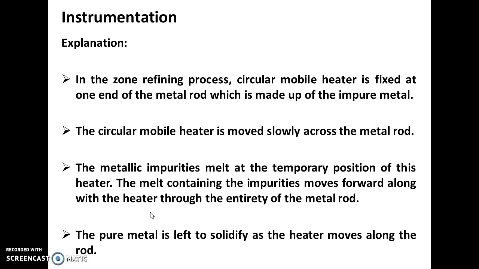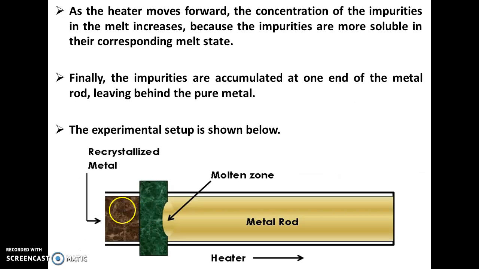The metallic impurities melt at the temporary position of the heater, and the melt containing impurities will move forward along with the heater. That means the pure metal will solidify here, and the impurities are carried from here to here along with this circular heater.